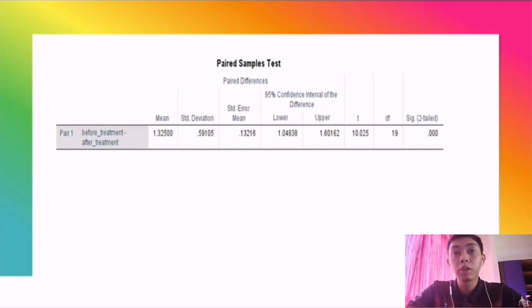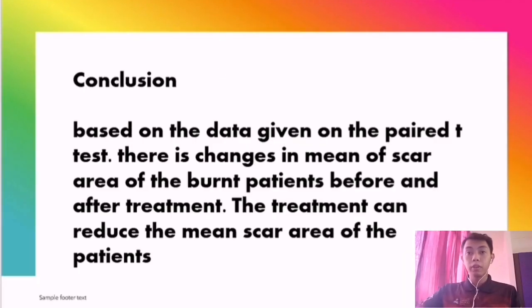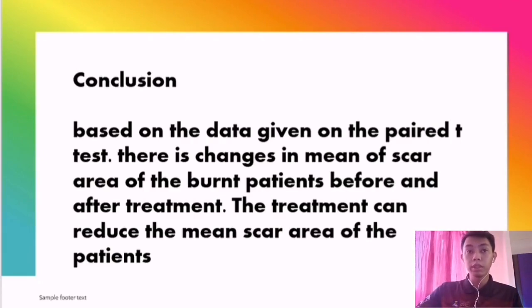So the null hypothesis is rejected. For the conclusion, based on the data given in the paired t-test, there are changes in mean scar area of the burn patients before and after treatment. So the treatment can reduce the scar area of the patients.